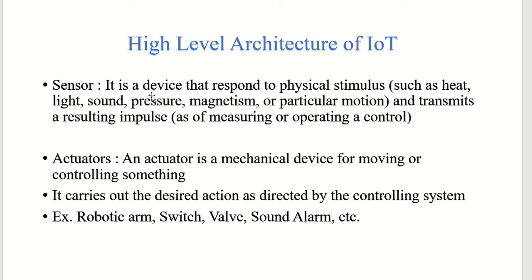So for example, if your pulse or heartbeat is getting recorded, then what is it? It is a particular kind of motion. So it is getting measured and then transmitted as a resulting impulse to your server or cloud, or your phone. For your watch, your phone is the first gateway to the server.